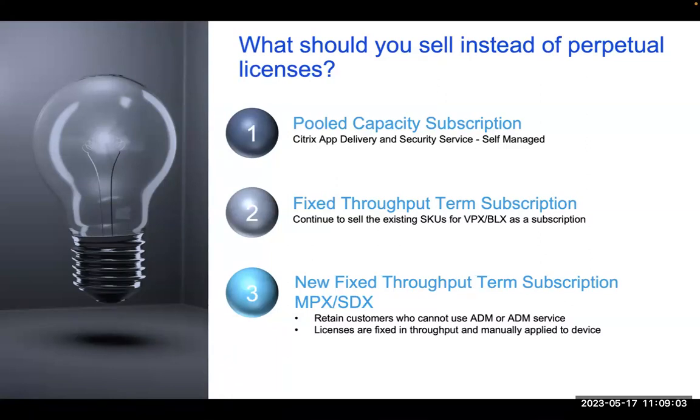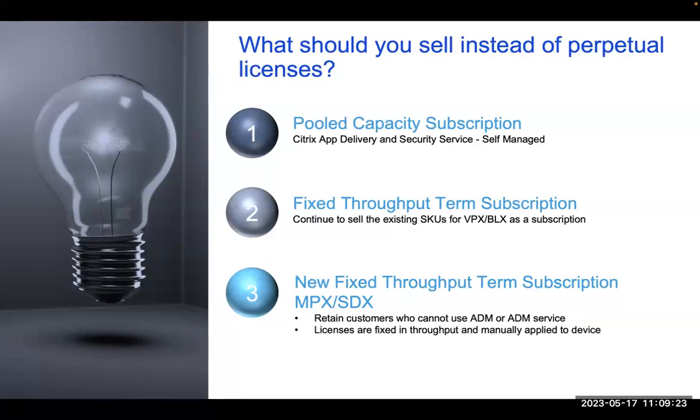These are the three subscription licenses that we will briefly talk about. The first is the pool capacity subscription. The second is the fixed capacity subscription, which you can apply to virtual appliances like VPX and BLX.